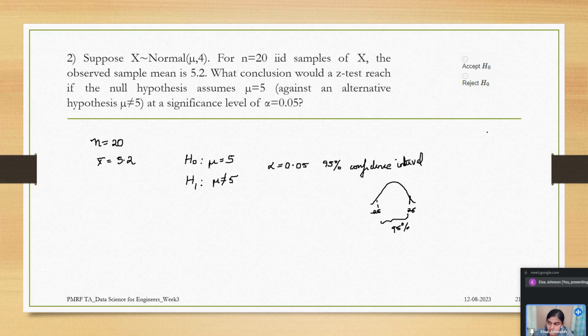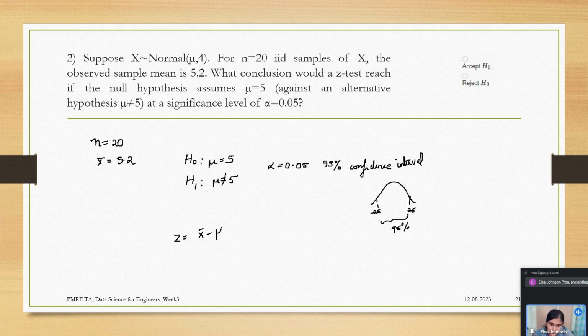So if that value is coming above that, you can reject; below that you can accept. So you just have to see what is the z value coming, so you have to calculate it. How can you calculate it?